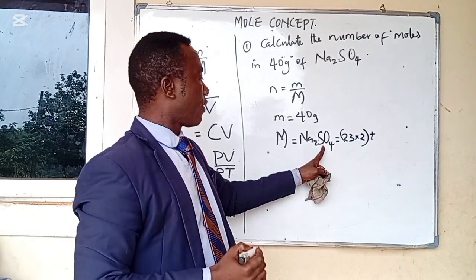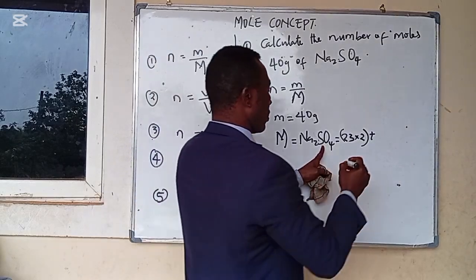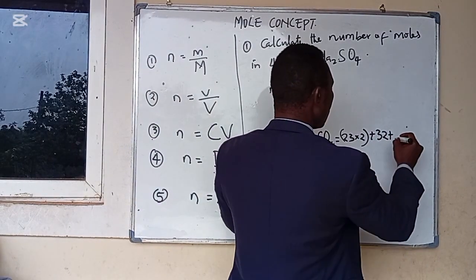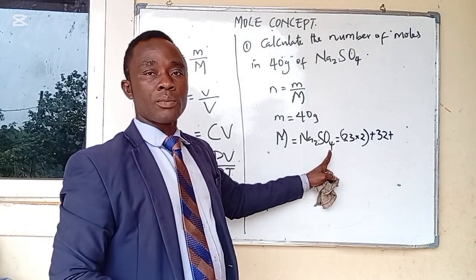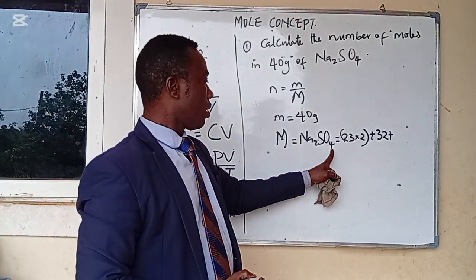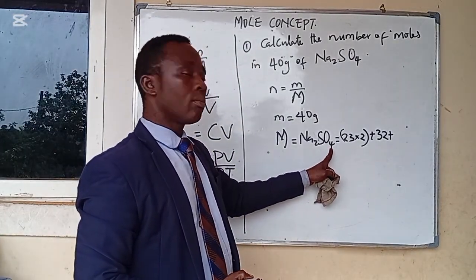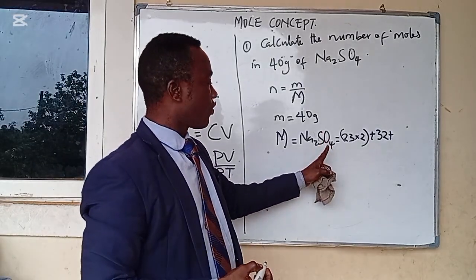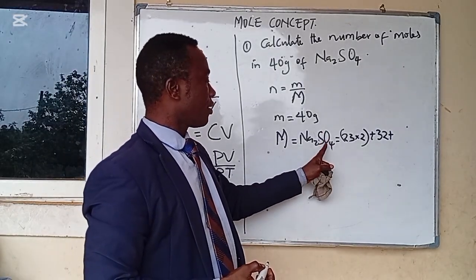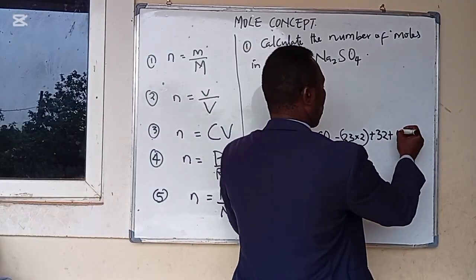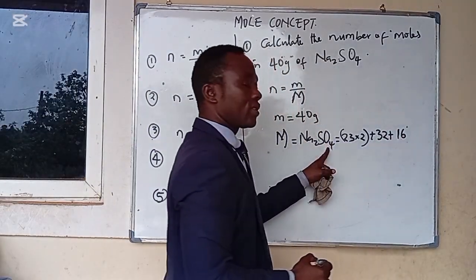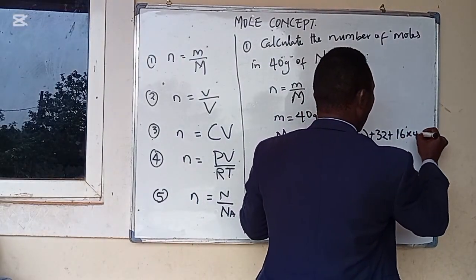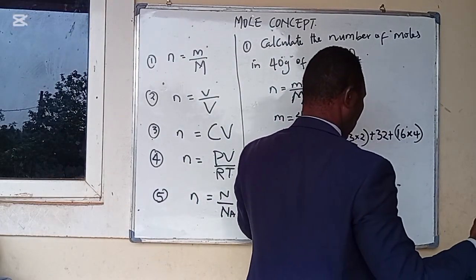The atomic mass of sulfur is 32. Then plus oxygen. We have 4 moles of atoms of oxygen. The atomic mass of oxygen is 16, but we'll be multiplying by 4.